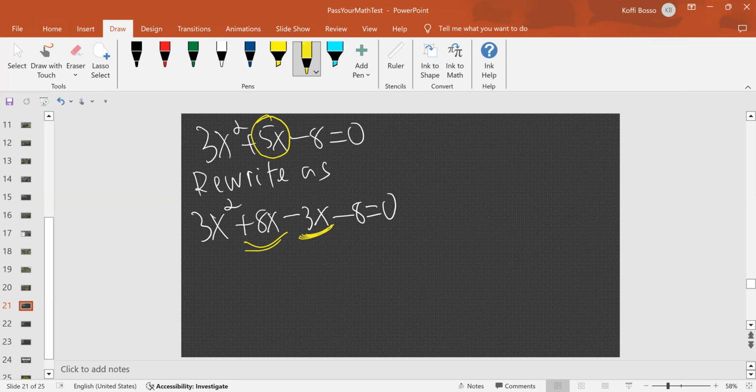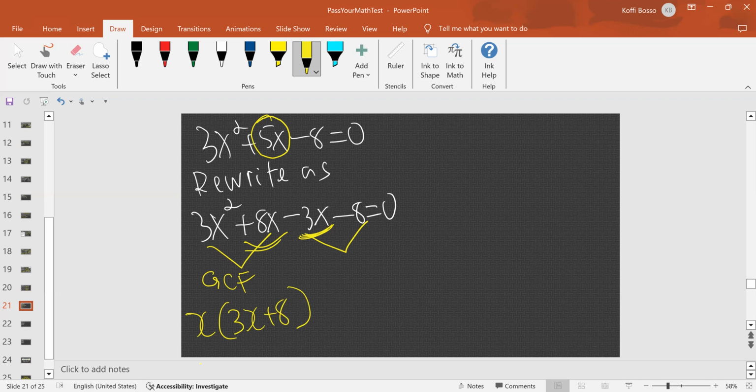We take the first two, we take the last two, and we're going to use a GCF, greatest common factor, to factor out the thing here. What they have in common here, x, parentheses, because we have 3x squared plus 8x, right? So they have x in common. What is left after we remove x, which is the common factor? You have 3x plus 8.